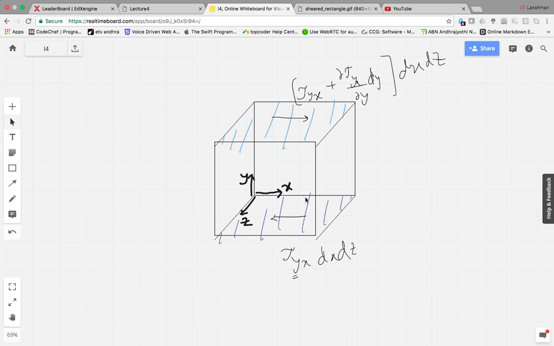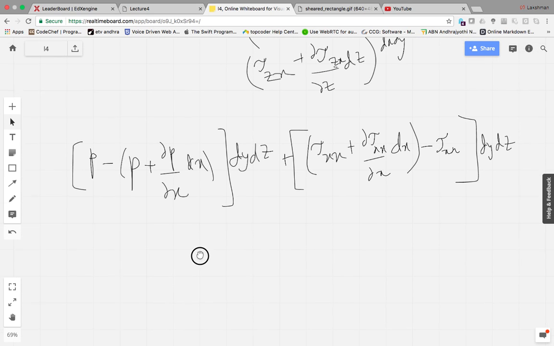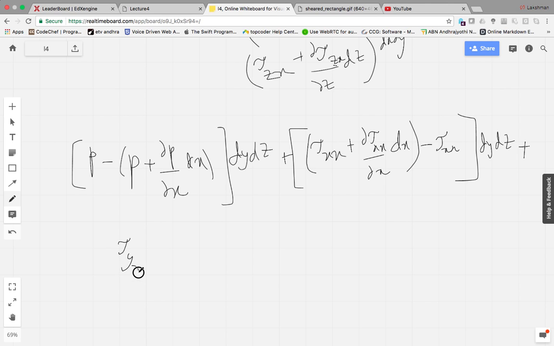So we will write this one, and then we will write back and front. Plus, for the top and bottom faces, tau you can write yourself.